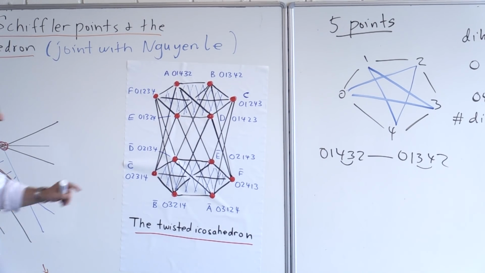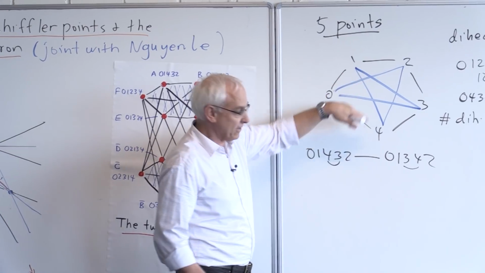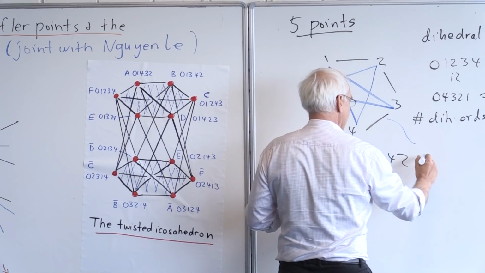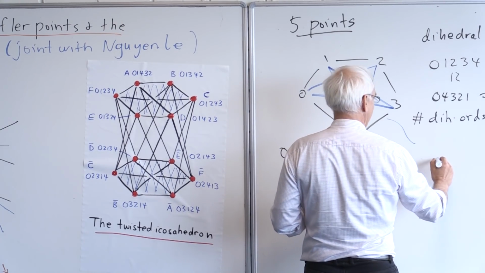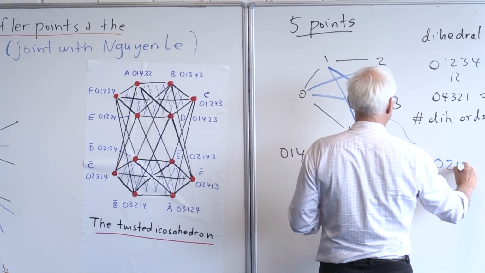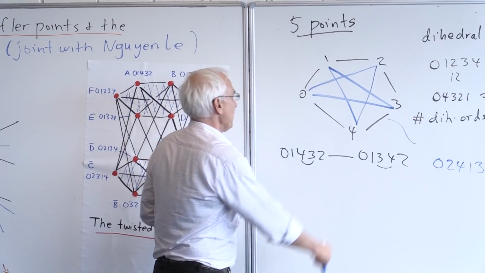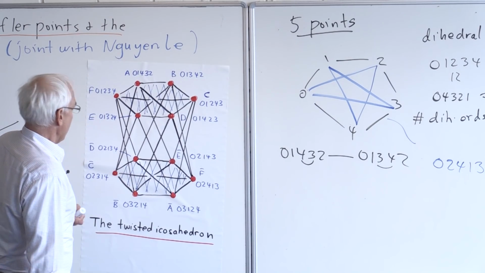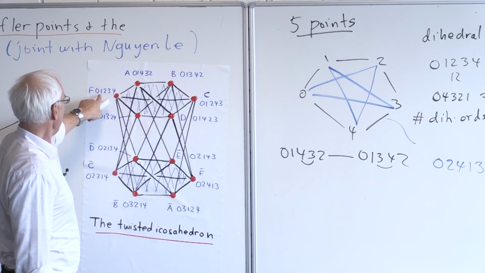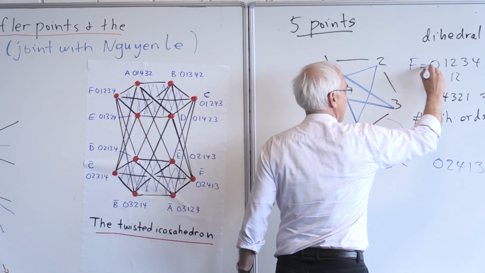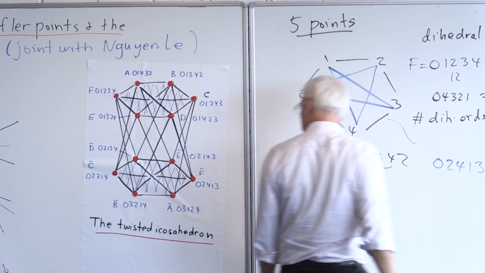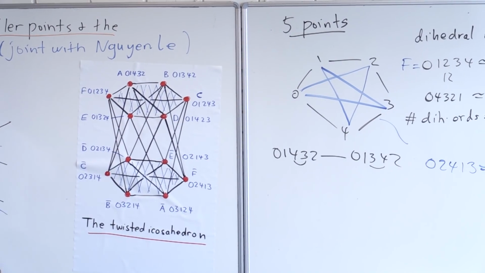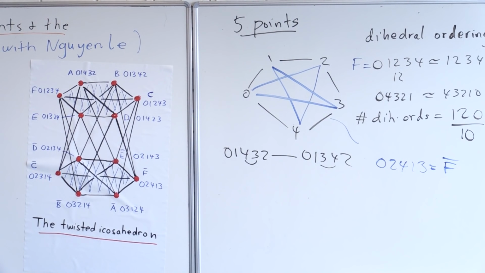So if you start off with this ordering, then you can create this secondary ordering by going to every second one. So the pentagonal one, or the opposite one, is 0, 2, 4, 1, 3. Okay, so this ordering was called, actually it does have a name. Let's see what its name is. 0, 1, 2, 3, 4. There it is, it's F, so that would be the ordering F. Then this is the ordering F bar, 0, 2, 4, 1, 3. Okay, so there's a symmetry in this graph.